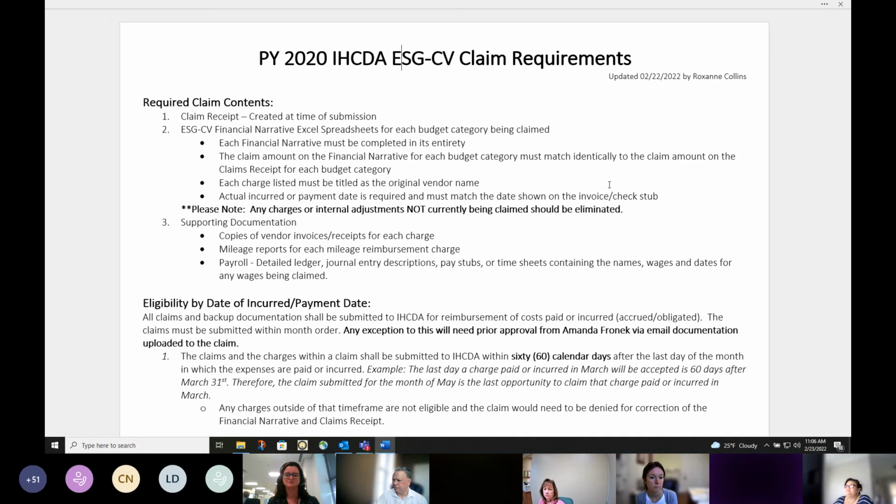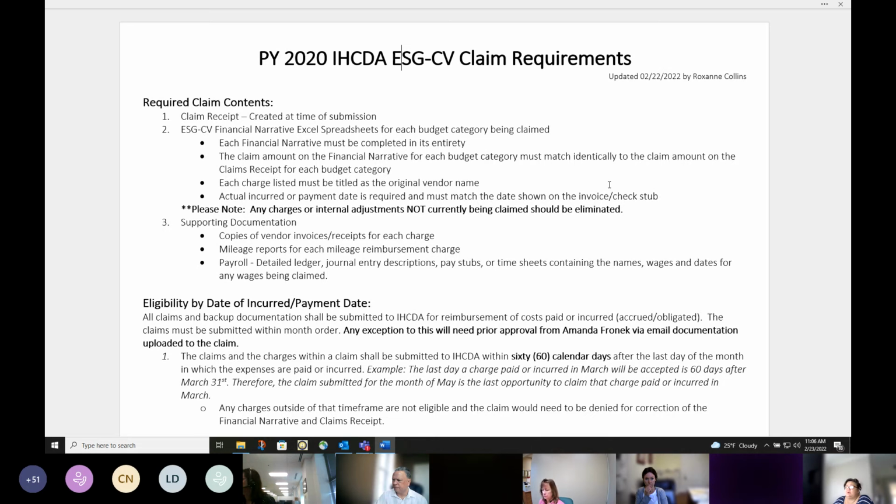The narratives don't match the actual claim amount that shows on the claim receipt. The verbiage that's being used for the charges are items that can't be used. We need to know that original vendor name, things like that.